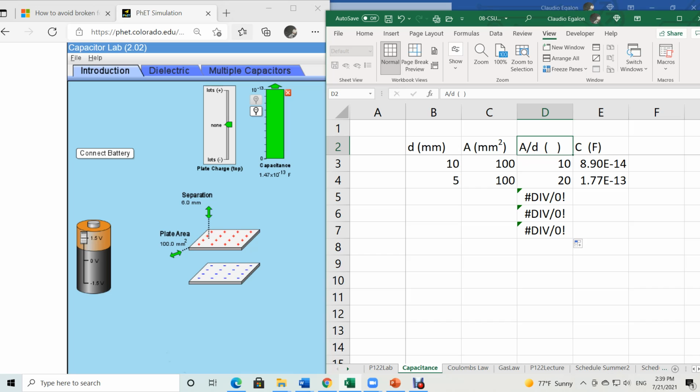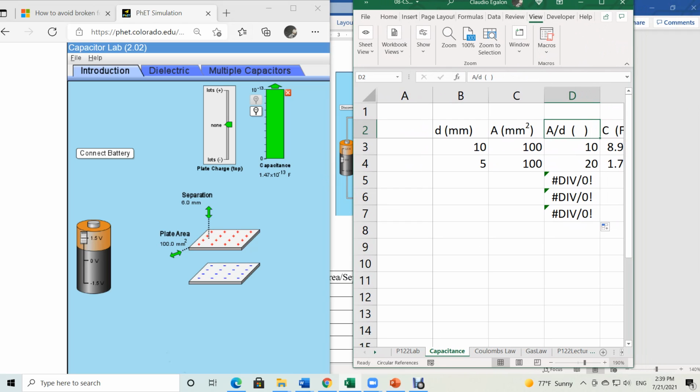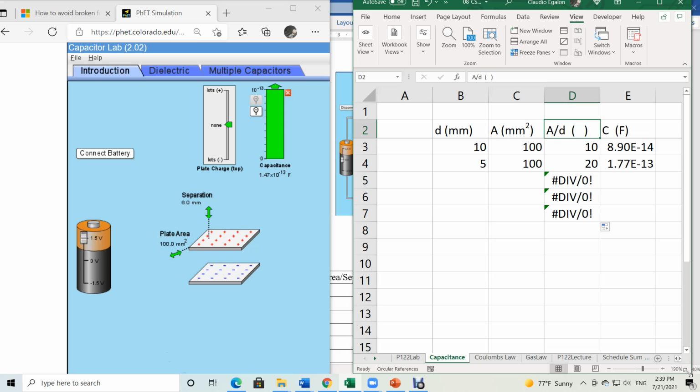I'm going to put my spreadsheet side by side with my simulation software. Six millimeters. I'm not going to change the area yet. 1.47 times 10 to minus 13.